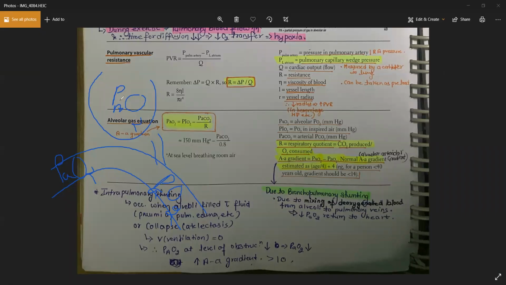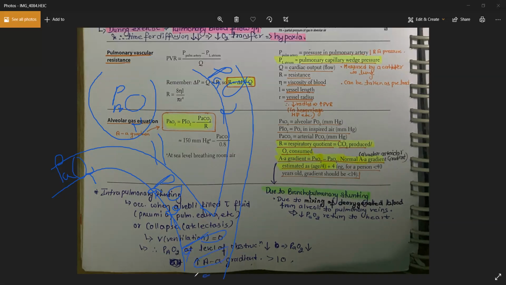Now, some areas in your lungs do not pass through the alveoli, and as a result, the deoxygenated blood there will remain deoxygenated. This deoxygenated blood, which has a low PaO2, will mix with this blood, and when it mixes, it will ultimately decrease the partial pressure of oxygen in my blood.